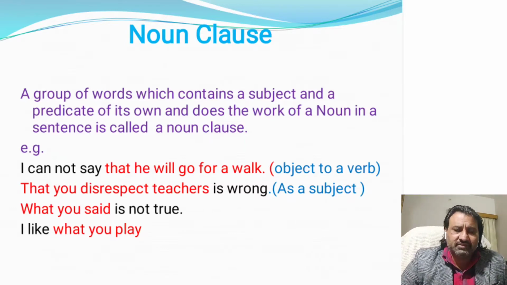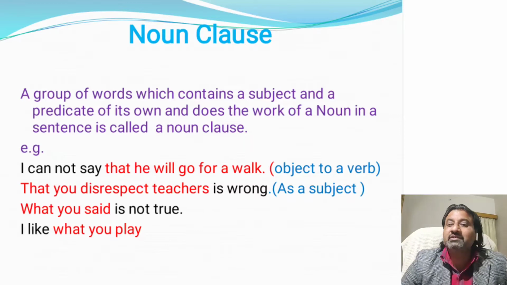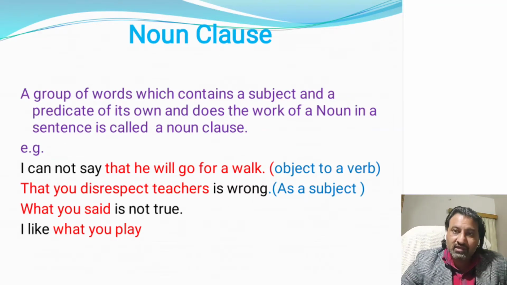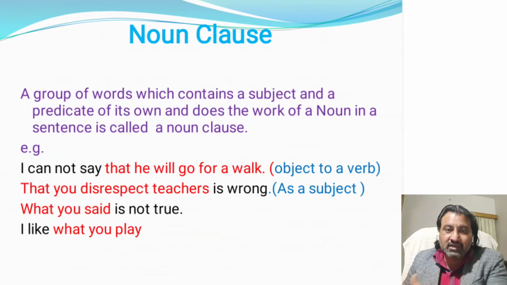What you said is not true. Again, "what you said" does the job of a noun. I like what you play. What do I like? I like it. You can replace it. I like Ram. I like Hanuman.